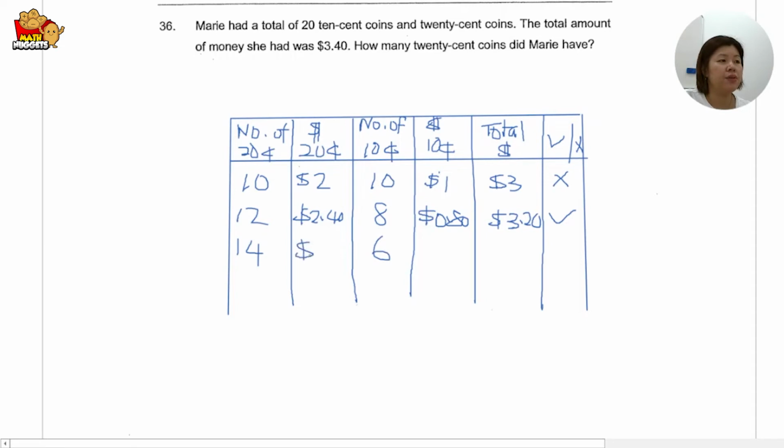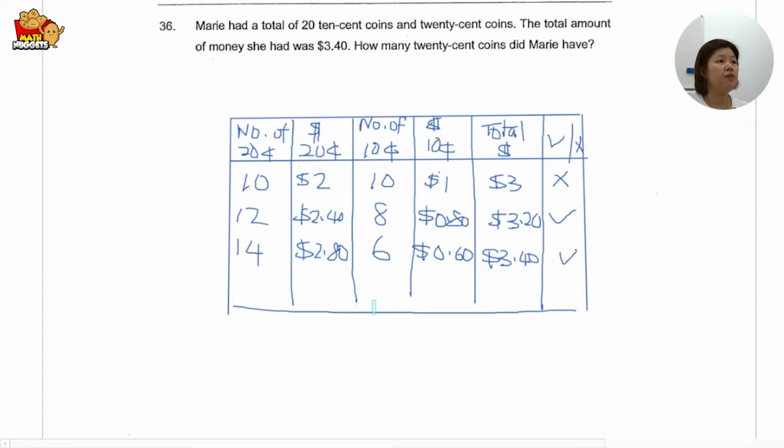So 14 times 20 cents is 280. And this is 60 cents. Total 340. Wow. So how many 20 cents do we have? We have 14.